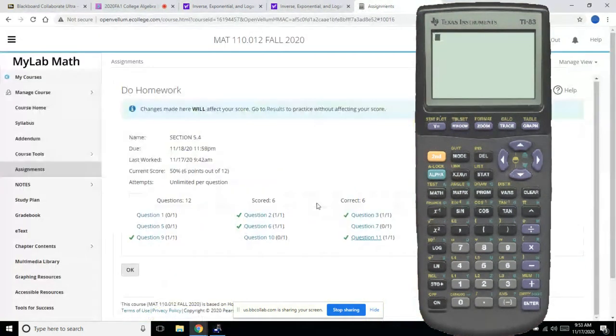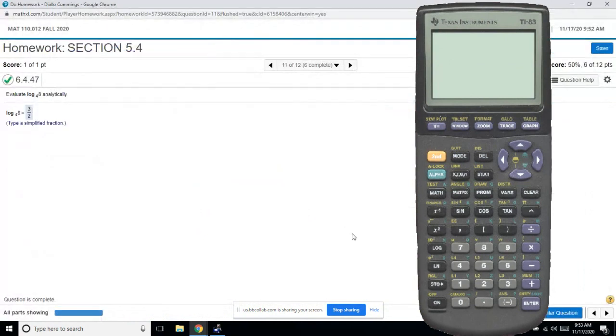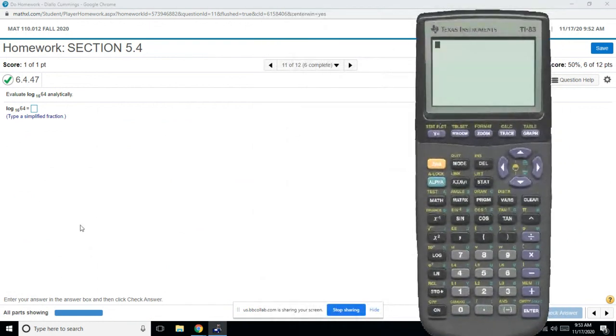Okay, so I want to take a look at, I believe it's problem number 11. Okay, so how would we evaluate a log such as this? This is the log base 16 of 64. And I want to use my calculator.